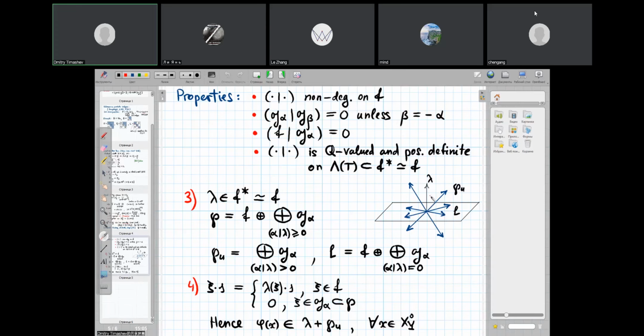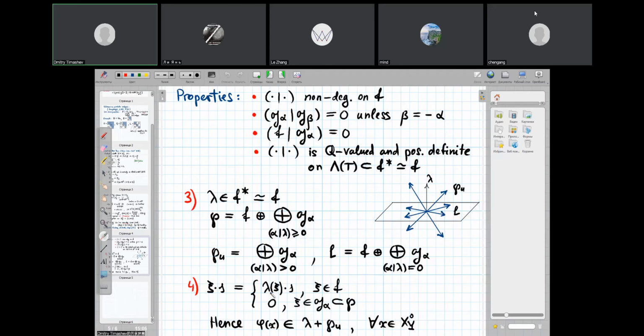If G alpha is this one, then we have to take this root subspace. If G alpha is this one, then we have to take this root subspace. But if we want a vector orthogonal to all root subspaces in P, here, here, here, and here, then we can get only this root subspace corresponding to PU.